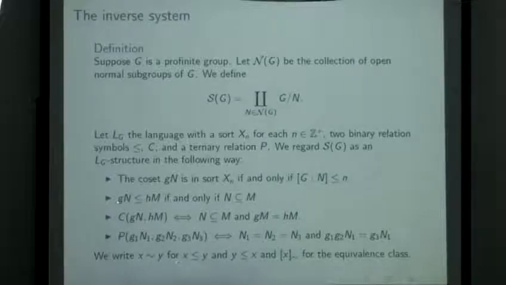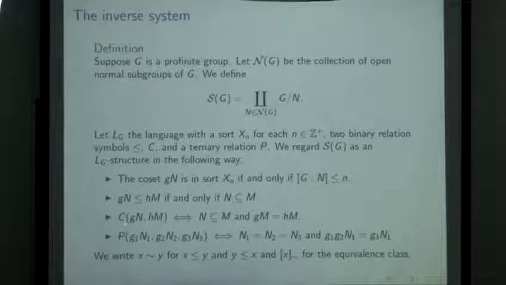Then you have a comparison. G of n is less than or equal to H of m if the subgroups have containment like this. Then this C relation codes the projection. So if n is a subset of M, then whenever I take a coset Gn, I can project it and get a coset of Gm.